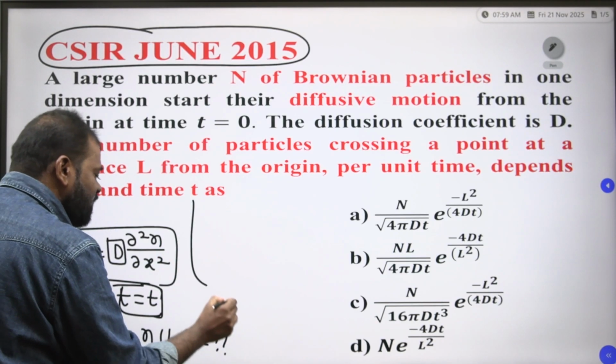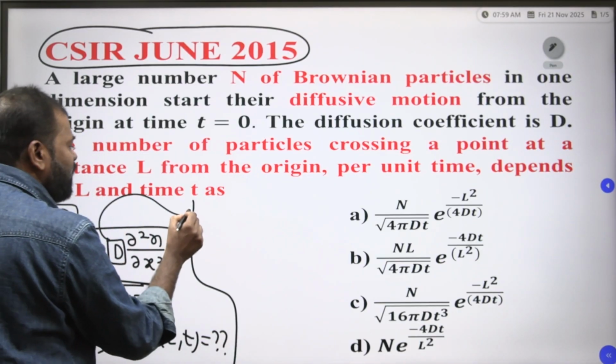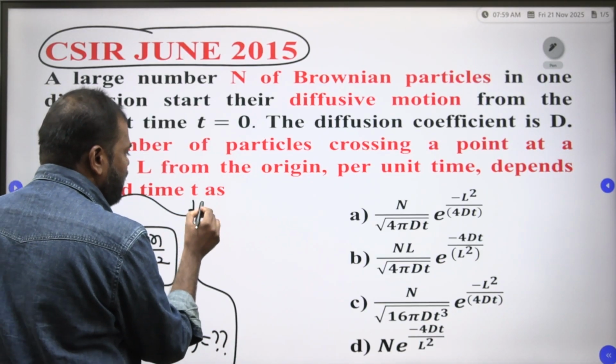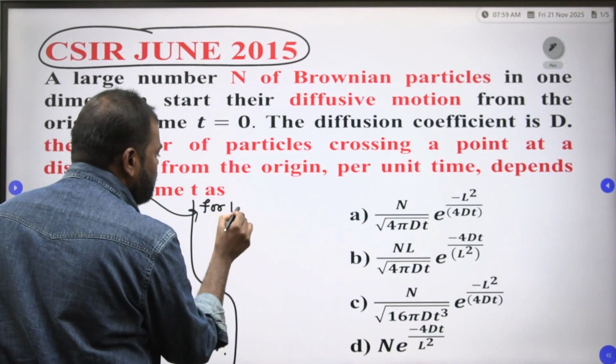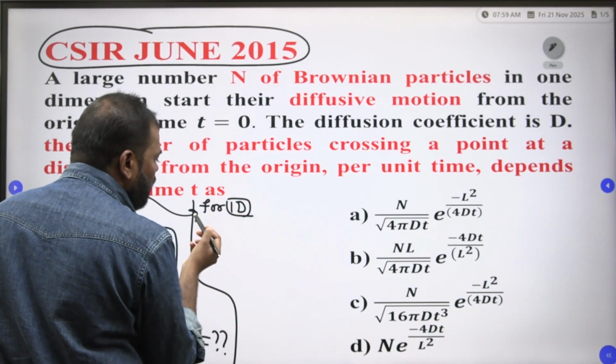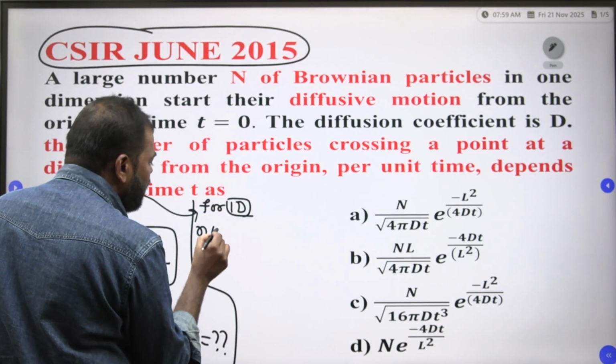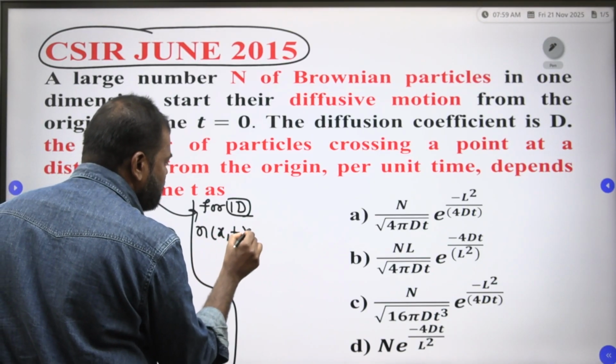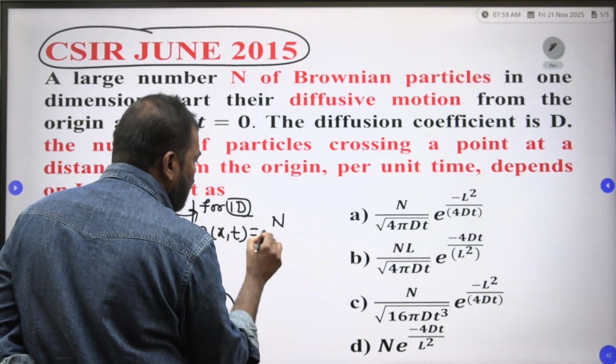But you know the solution of the diffusion equation for one dimension. What is the solution? n(x, t) = N/√(4πDt) exp(−x²/4Dt), where N is the number of particles.